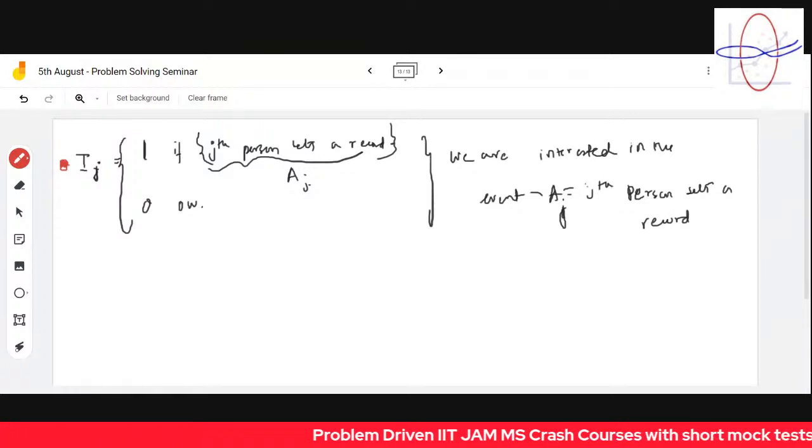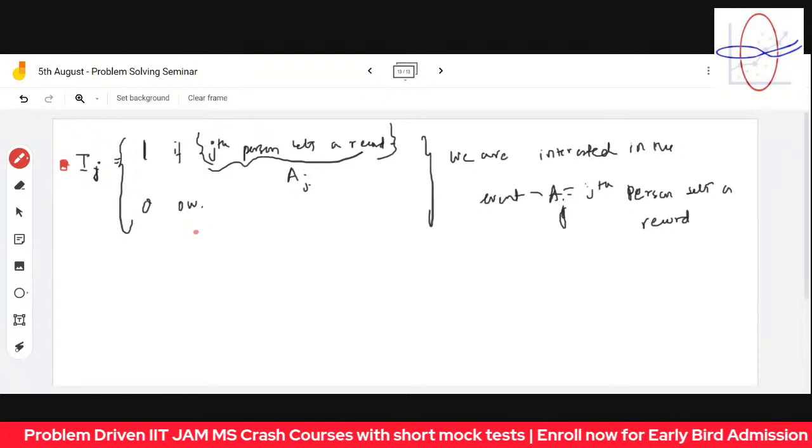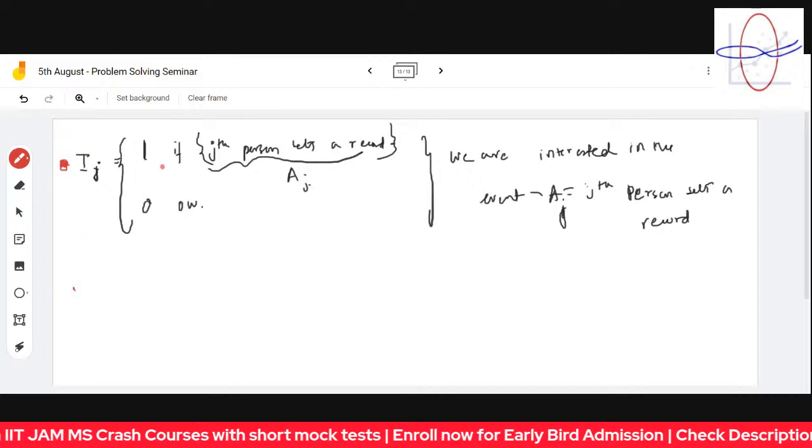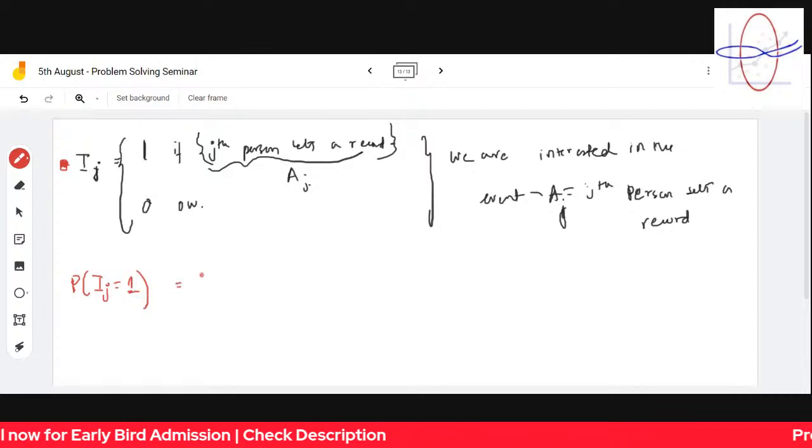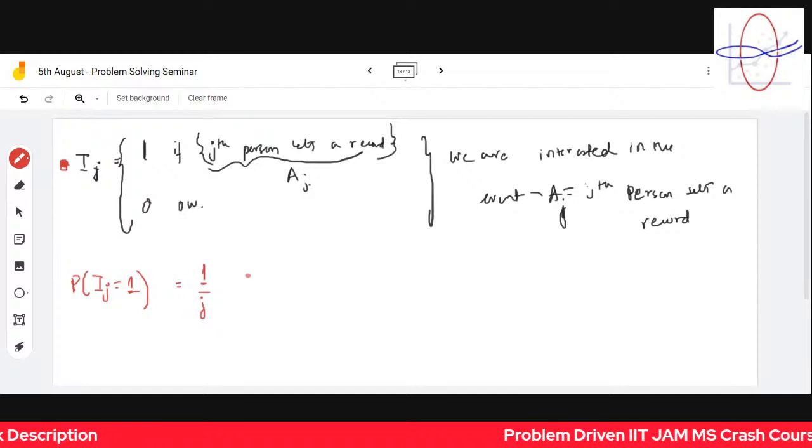It's a very careful idea. We will show that the probability of I_j equal to 1 is actually nothing but 1 by j. It's equally likely. Why is this true?